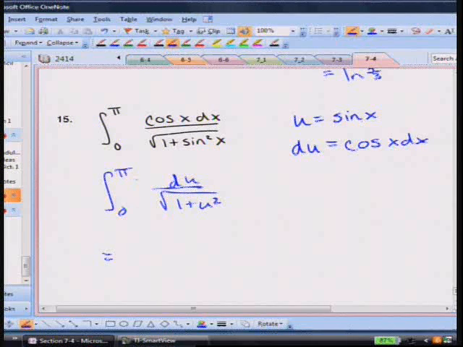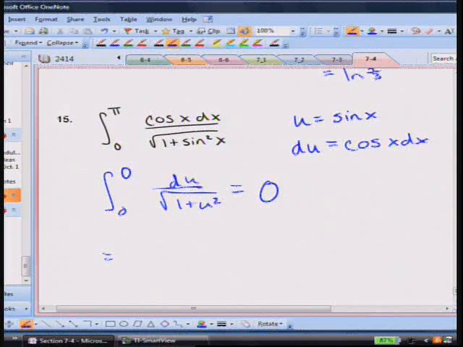The sine of pi, maybe we better not change our limits. All right. So what did we decide this was? This was the inverse hyperbolic sine. Yeah, this is so weird. This problem is so dumb, because when you change your limits, you just get the integral from 0 to 0. So you don't even have to do anything because the answer is 0.